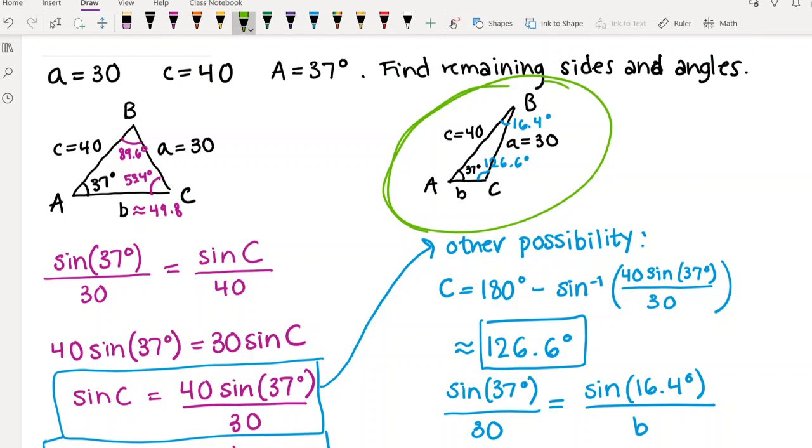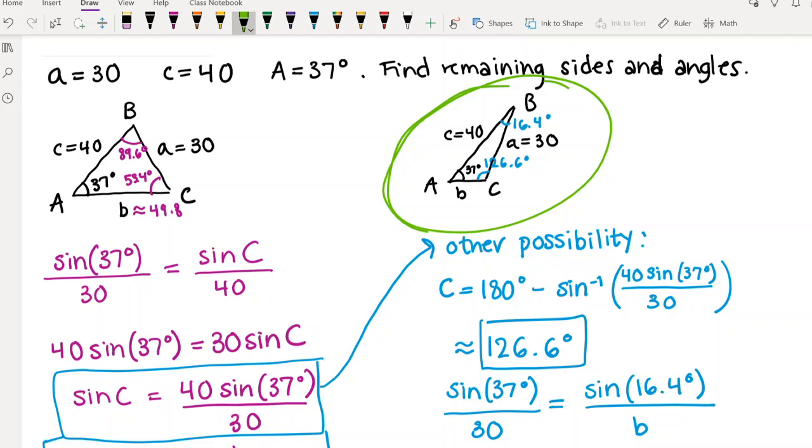Just keep your eyes out for that on the homework. There's a question that says find the remaining sides and angles, and it also says this triangle has an obtuse angle. If it didn't specify that, there could be 2 different possibilities. But in order to make there be only one answer, they added that specification.